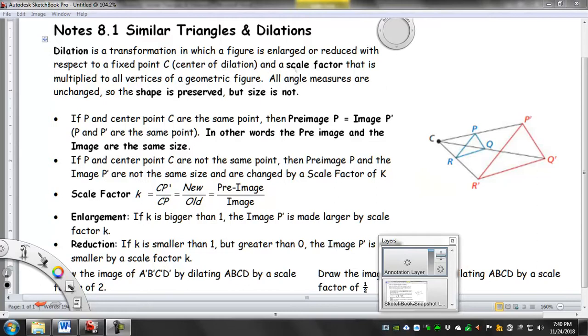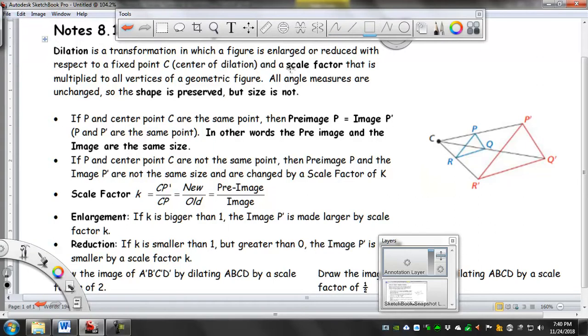We'll be multiplying them by a scale factor, and what it does is it keeps the same shape, but it doesn't keep the same size. So scale factor will be important. And another thing is the shape of the object, the image versus the pre-image, is preserved, but size is not.